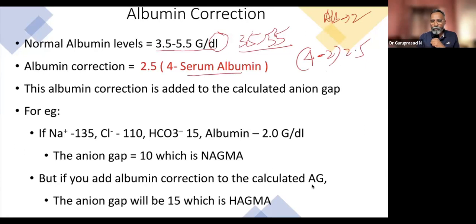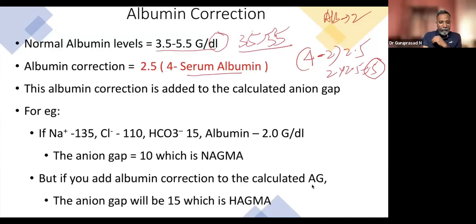So 4 minus 2 is 2, into 2.5 is equal to 5. So you should add this value to the anion gap you have got. Then you will come to know the real anion gap. That is, if the albumin was normal, the anion gap would have been still higher. So always don't miss doing the albumin correction.